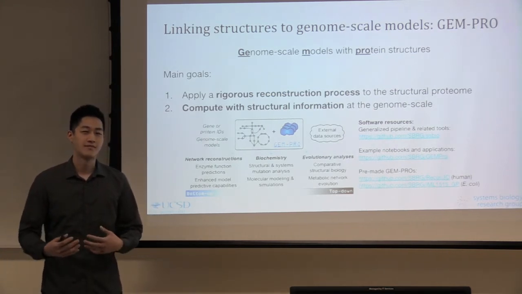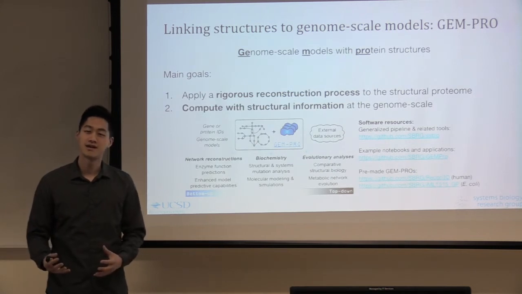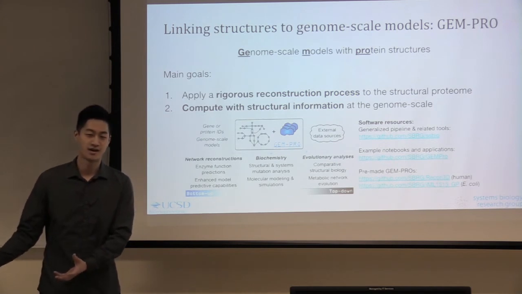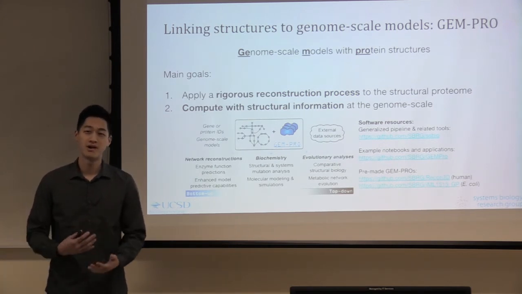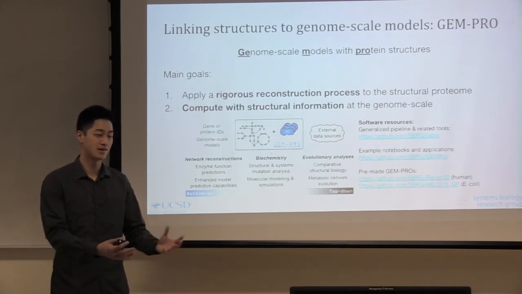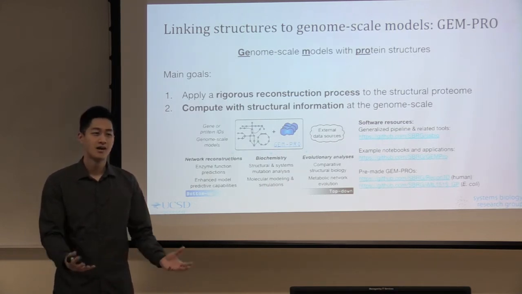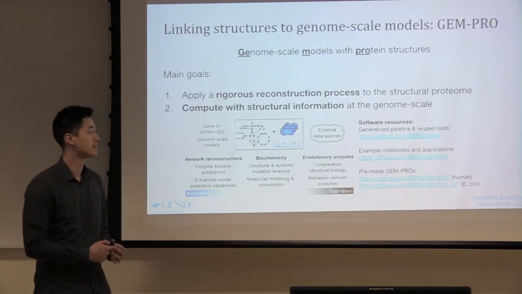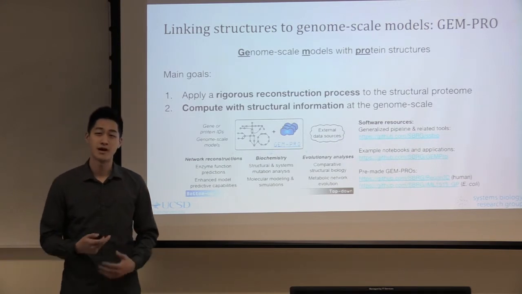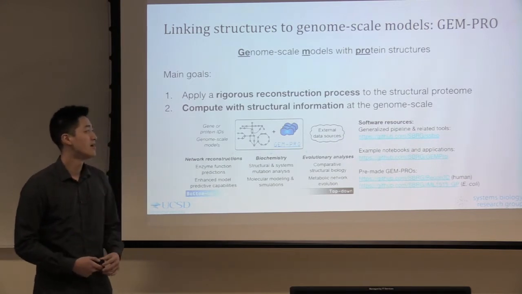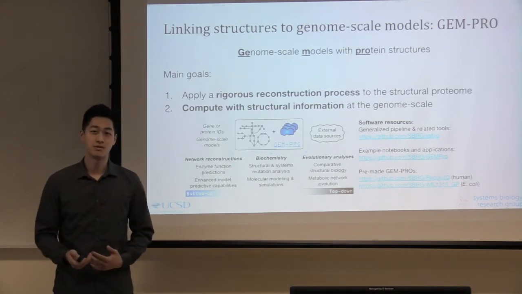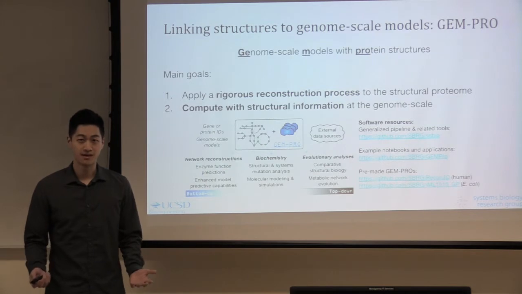You're going to have to do a gap-filling process to predict these structures that do not exist yet experimentally, using homology modeling techniques. Or you're going to have to figure out what enzyme structure best represents a reaction within your metabolic network. The GEM-PRO pipeline aims to answer these questions with a rigorous reconstruction process. The other half is to allow systems biologists to compute with protein structures at a genome scale.